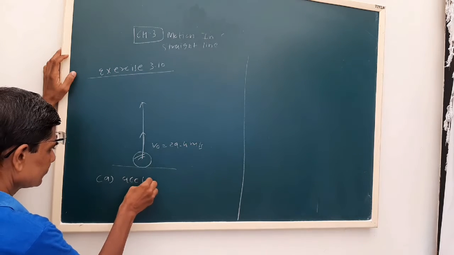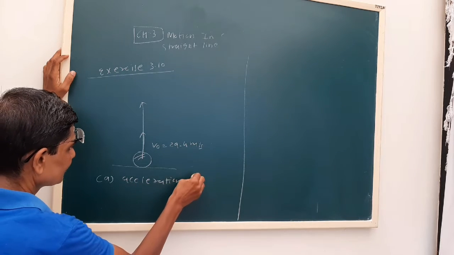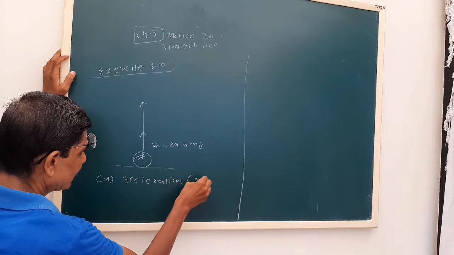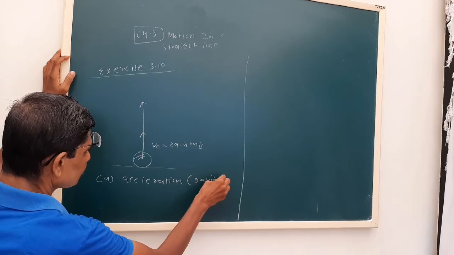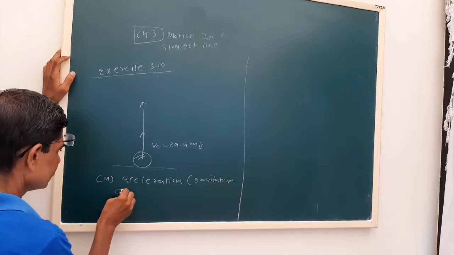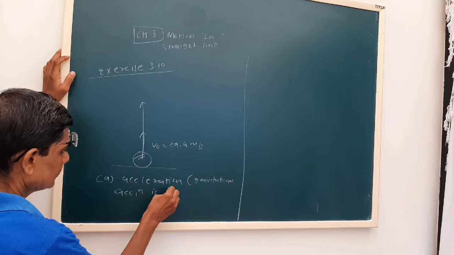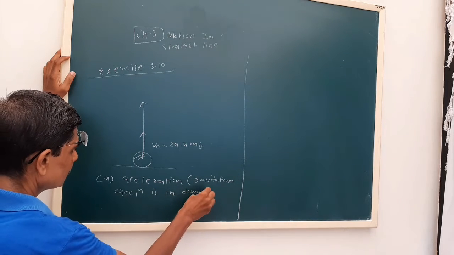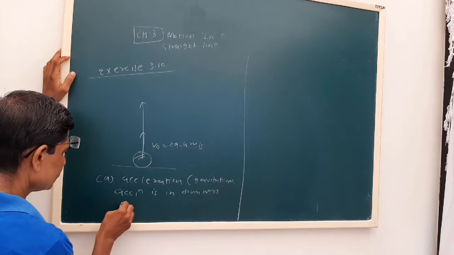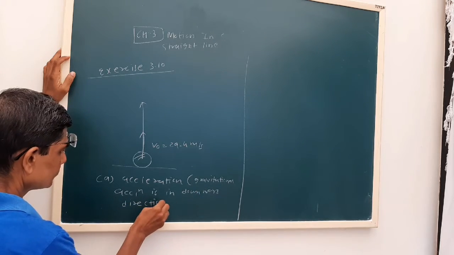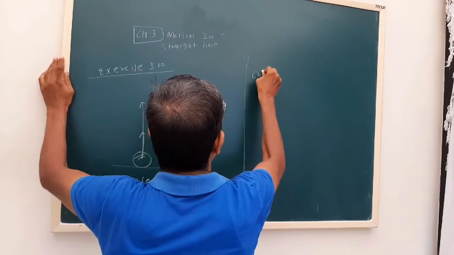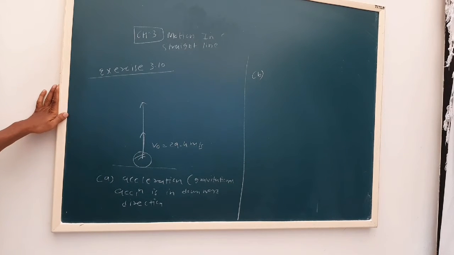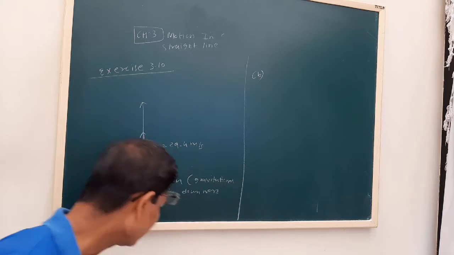So acceleration, here it is gravitational acceleration, is in downward direction. Now the second part of the question asks what is the velocity and acceleration at the highest point.